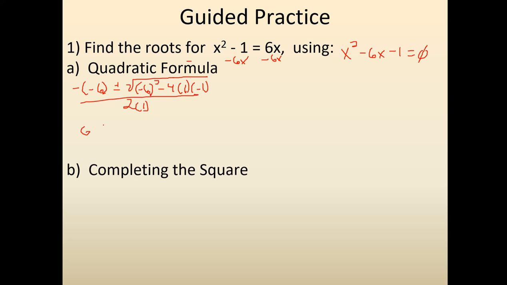So we end up getting 6 plus or minus the square root of 36 plus 4, all divided by 2.